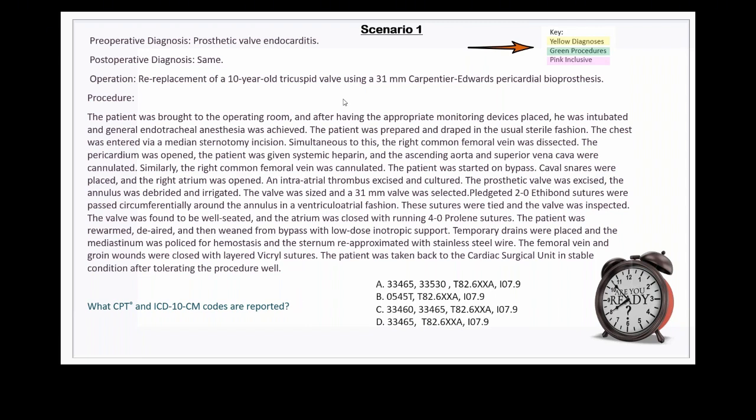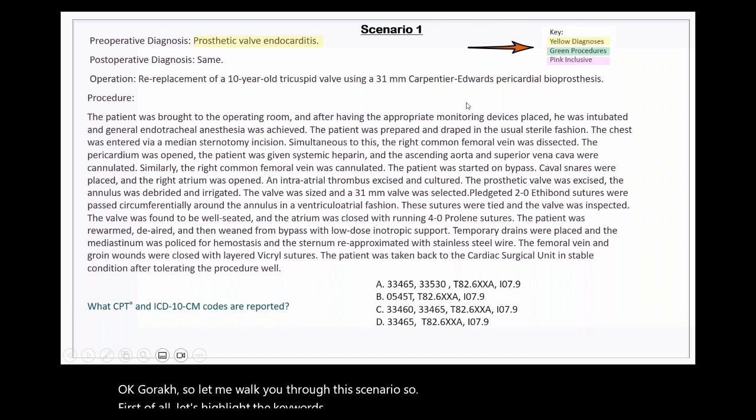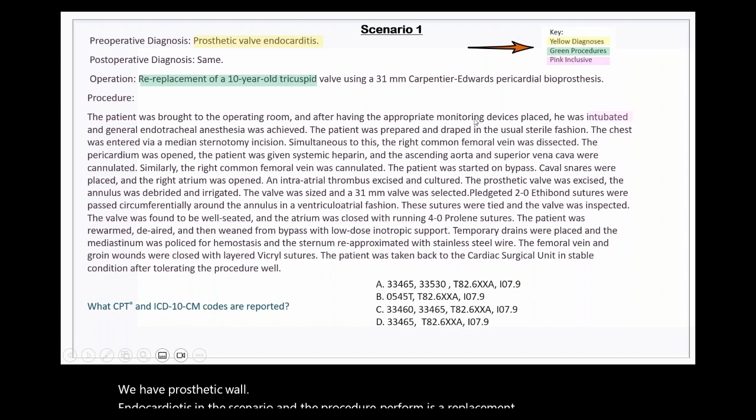Okay, Gaurav, so let me walk you through this scenario. First of all, let's highlight the keywords. We have prosthetic valve endocarditis in the scenario, and the procedure performed is a replacement of a 10-year-old tricuspid valve.